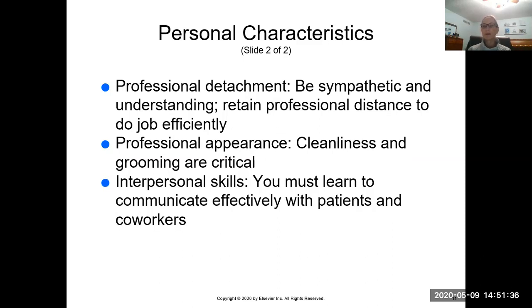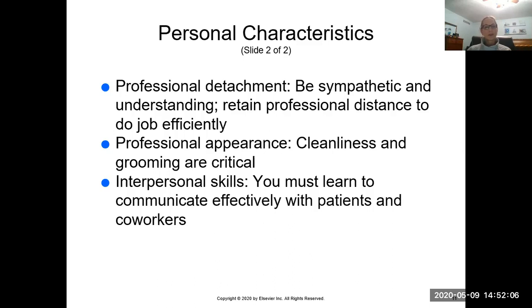Professional appearance, remember we talked about this. Cleanliness and grooming are critical. You don't want to show up to work with your hair a mess, not having showered, and maybe even having a smell when you're about to take somebody's blood. Not a good situation. Interpersonal skills: you must learn to communicate effectively with patients and coworkers, by making good eye contact when you're talking to people and staying calm at all times.